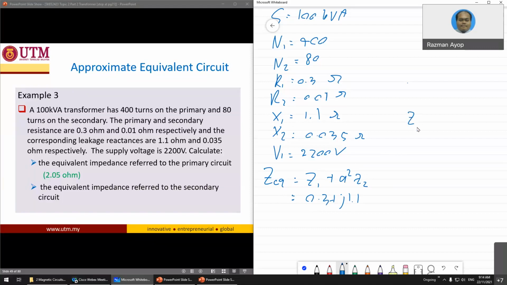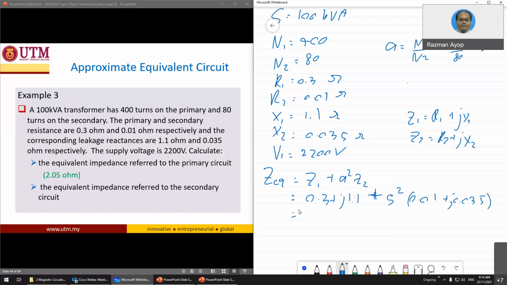Z1 equals R1 plus jX1. Z2 equals R2 plus jX2. Plus alpha squared; you have to calculate alpha first, the turn ratio. The turn ratio is N1 divided by N2, so 400 divided by 80, you get 5. So 5 squared times 0.01 plus j0.035.